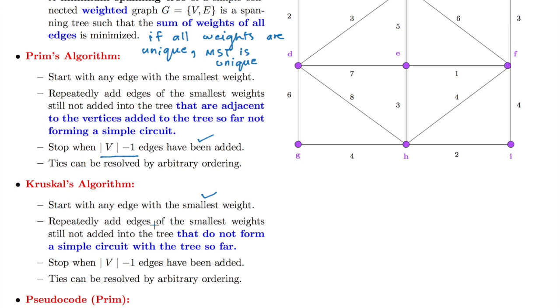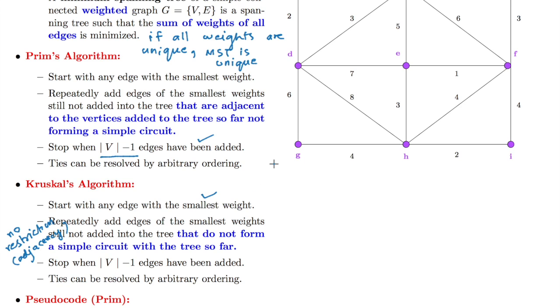So we repeatedly add edges of smallest weights not yet added to the tree that do not form a simple circuit, with no restriction of adjacency. And again we stop when we have the number of edges one less than the number of vertices, and again ties can be resolved arbitrarily.